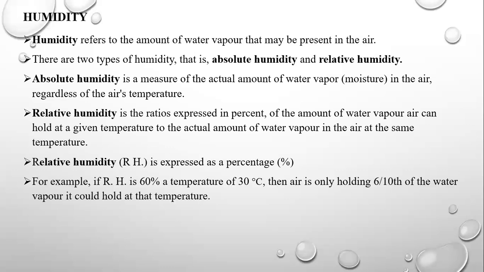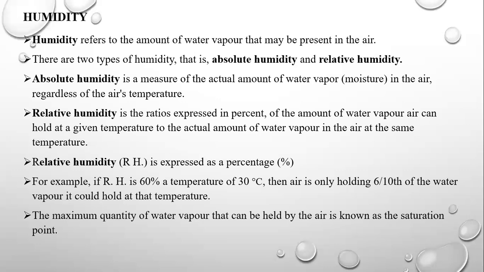For example, if RH or relative humidity is 60% at the temperature of 30 degrees Celsius, then air is only holding 6 tenths of the water vapor it could hold at that temperature.